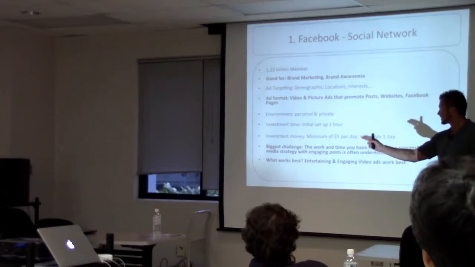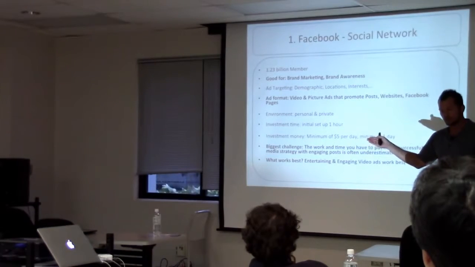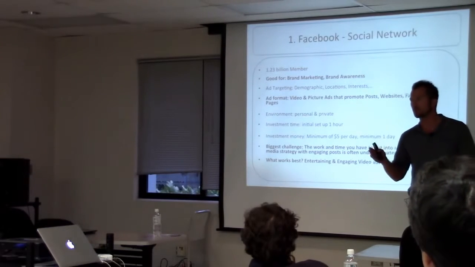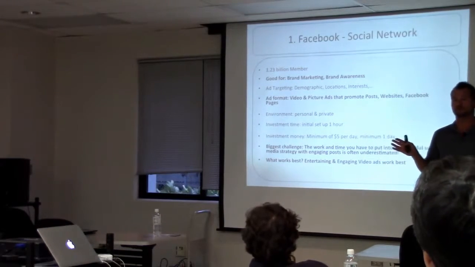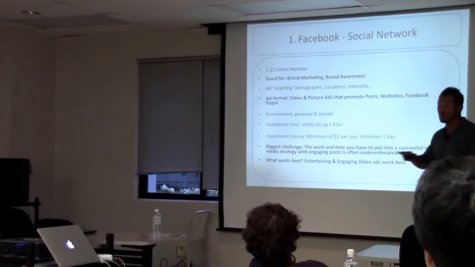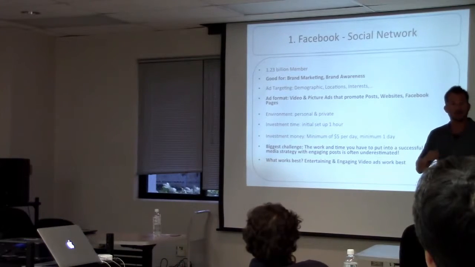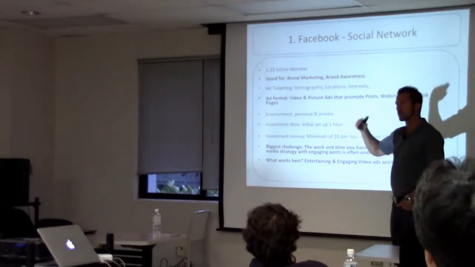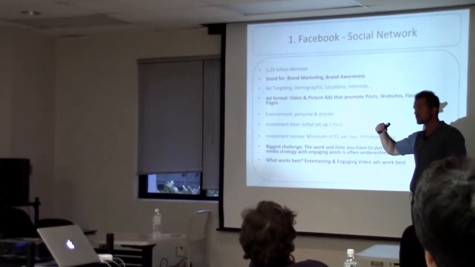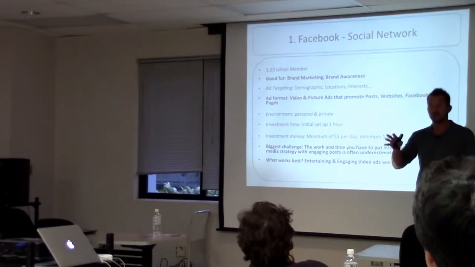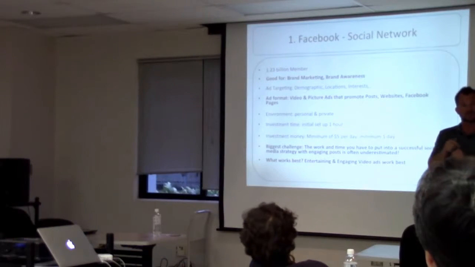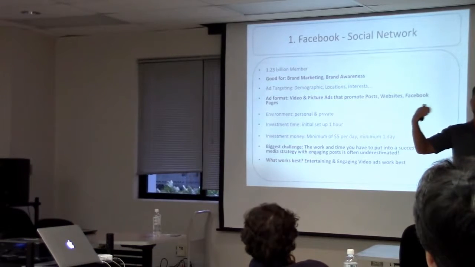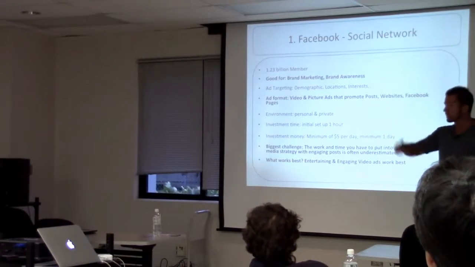The time investment, the initial setup for your advertising account on Facebook, is about an hour. It's very easy. Facebook provides a lot of information. They even create your advertisements. If you already have pictures or videos on Facebook, Facebook grabs all this information, puts it into one advertisement, and then says, hey, do you want to spend money advertising this?